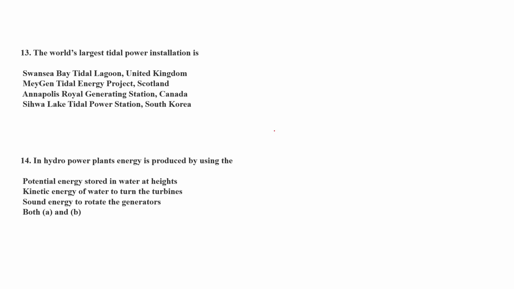Now coming on to the next question. The world's largest tidal power plant installation is the Sihwa Lake Tidal Power Plant, South Korea. Sorry, this was not included in the slide, so I am telling you the answer: Sihwa Lake Tidal Power Plant in South Korea.